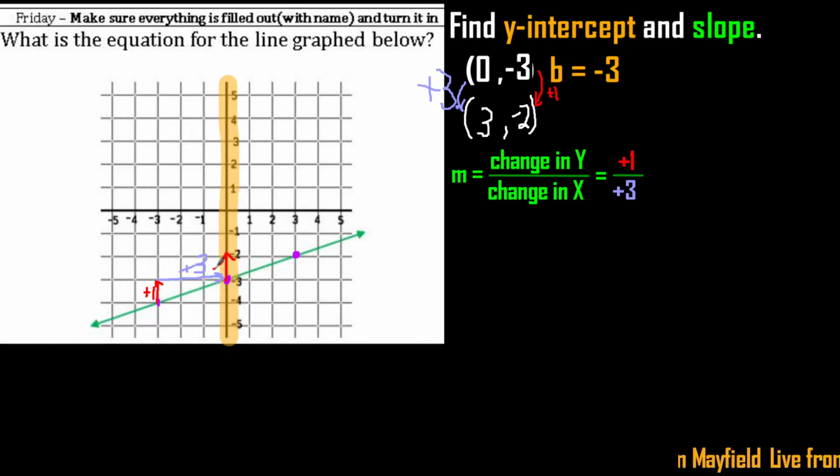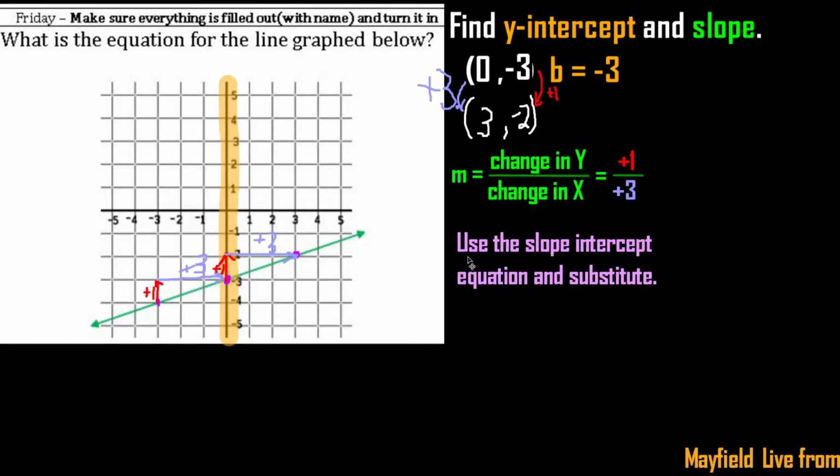I have to go +1 up, and then 3 steps to the right, +3. Again, that's our staircase to help build our slope. You can use the ladder like we did in the first one, or you can use the staircase, and it will still give you the same answer.